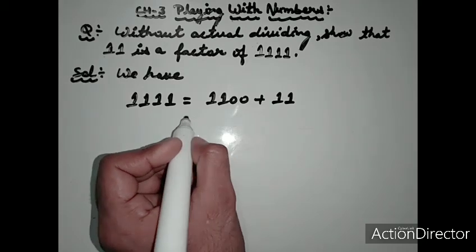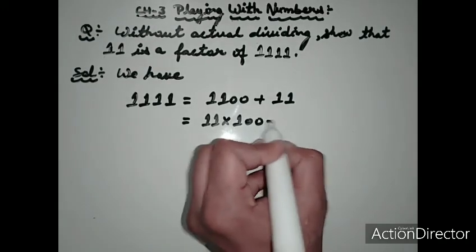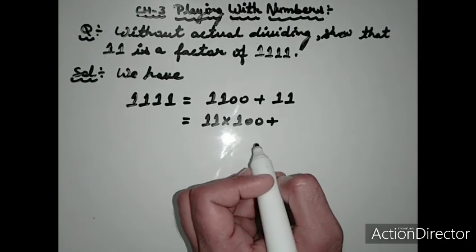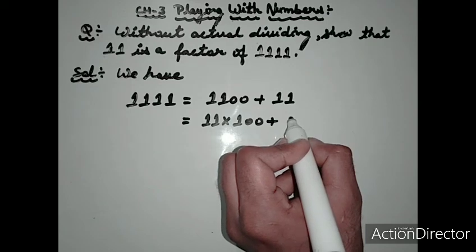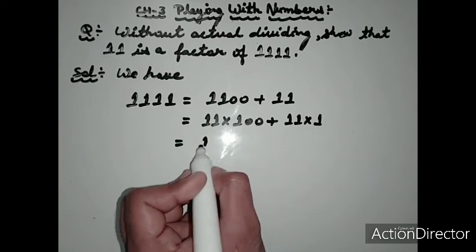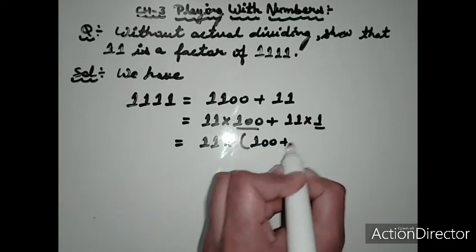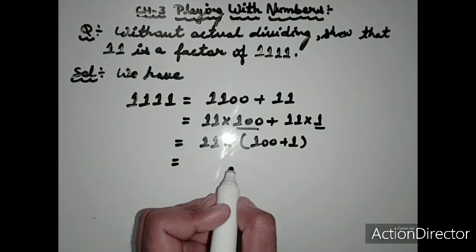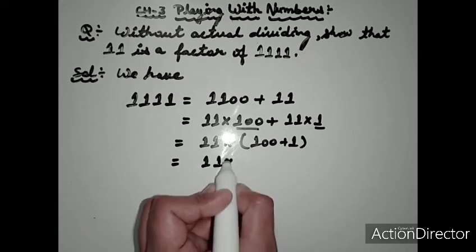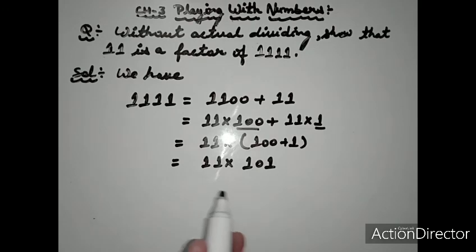Now we multiply 11 by 100, then we get 1,100 here. Now 11 multiplied by 1. Now we take 11 as common here, then 100 plus 1. Now 11 multiplied by 101. If we multiply 11 by 101, we get the product 1,111.